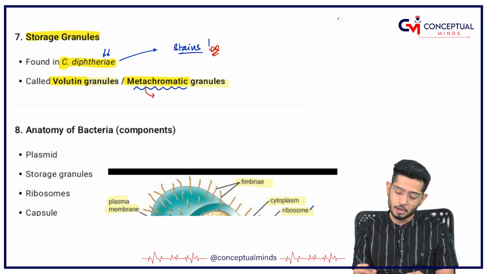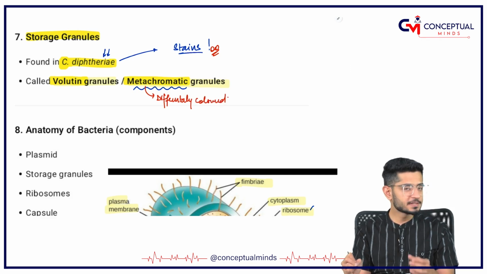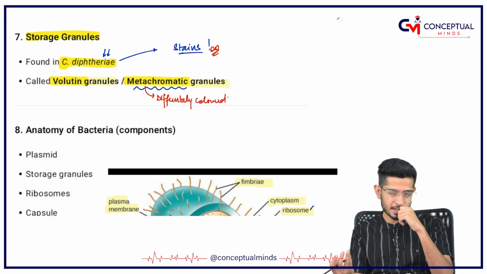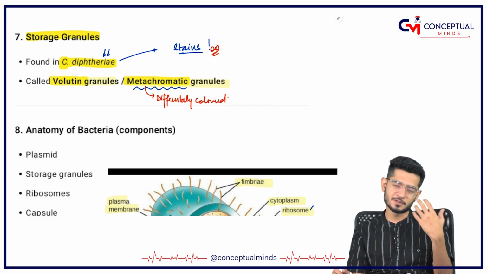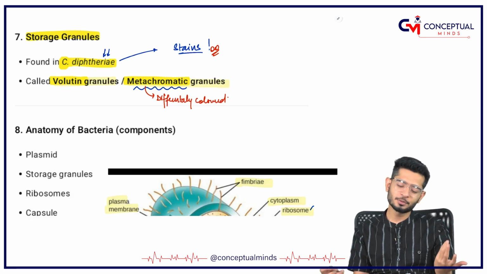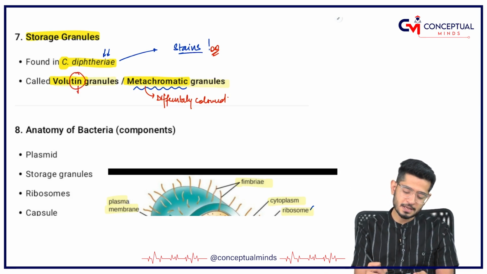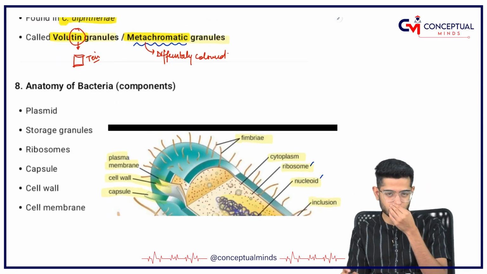Why metachromatic? Because these are differently colored. Chromatic means color and meta means different, so different color. And volutin, you can remember that these storage granules are just like big tin boxes used for storage, so volutin.